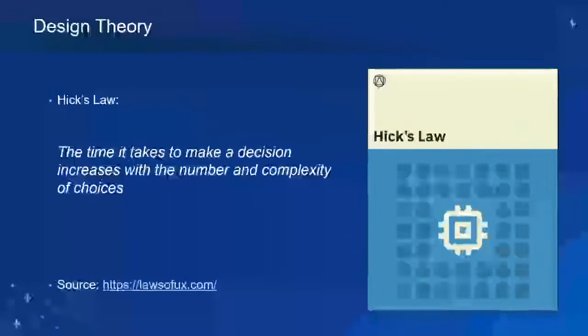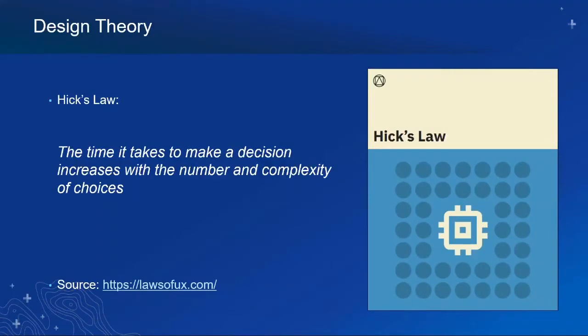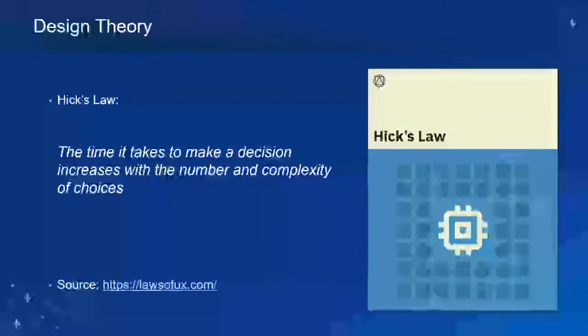Adding in all those activity options makes your user make too many decisions. And so the time it takes to make the appropriate decision increases with the number and complexity of choices. So if you're looking to make a dashboard that's quick and you want to do the analysis quickly and you want to just see what you have very fast, having different displays makes that decision take too long.